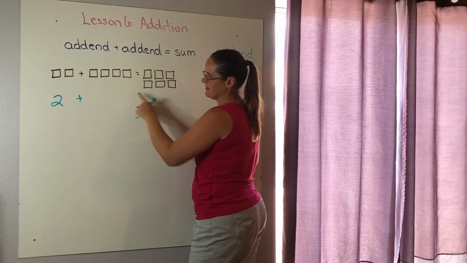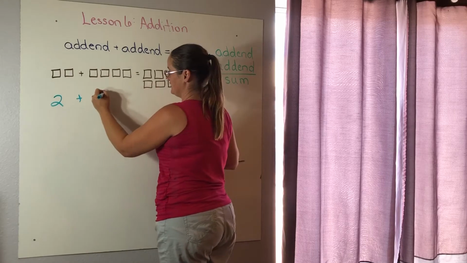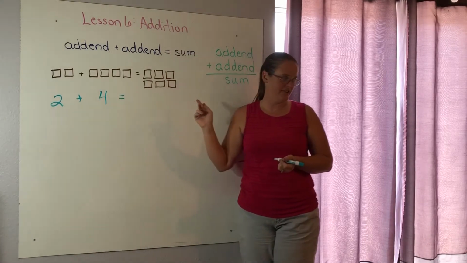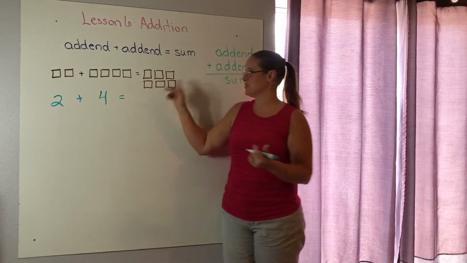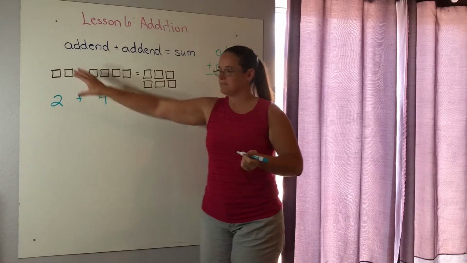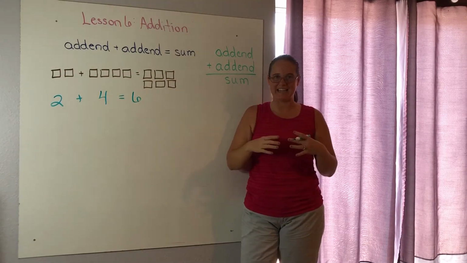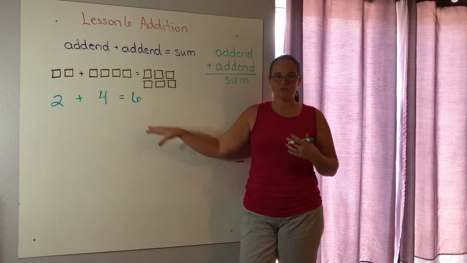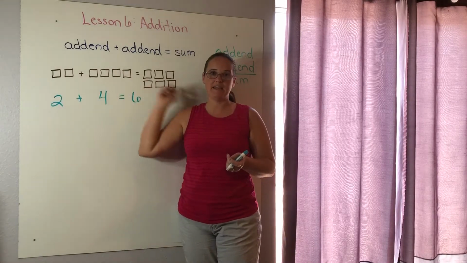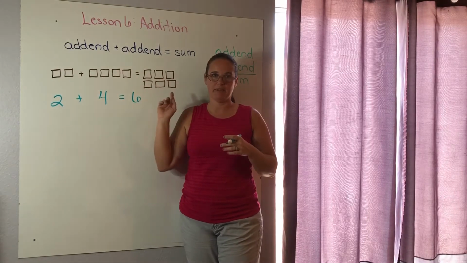Gabriel, what about here? 4. My second addend is going to be 4, and then my picture here shows me how many I have all together. Gabriel showing me 6. 1, 2, 3, 4, 5, 6. So this is how you can see adding. Anytime you have 2 numbers that you're adding together, we could count out that many objects and then put them all together and count it up.